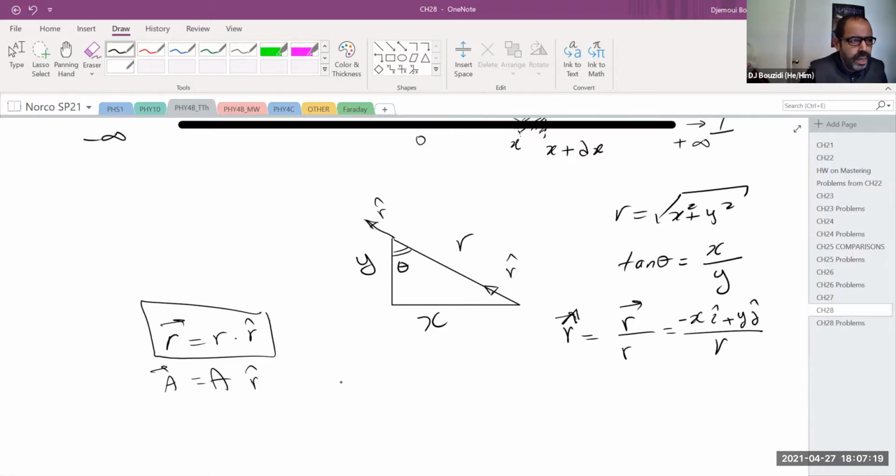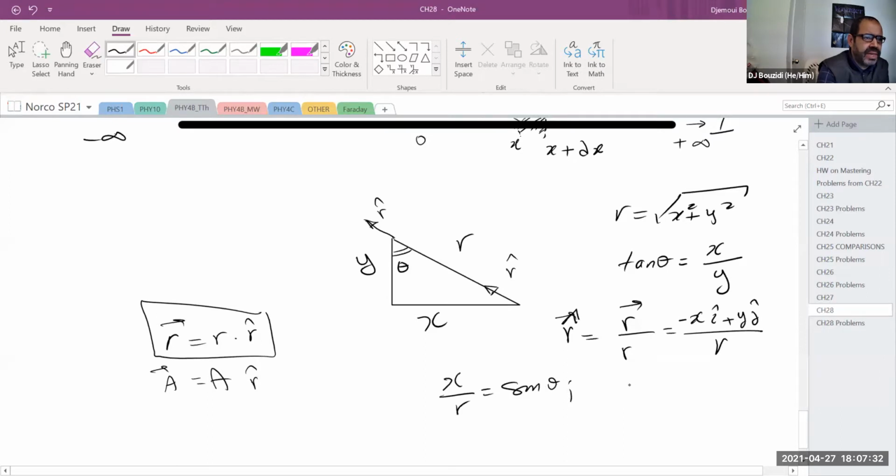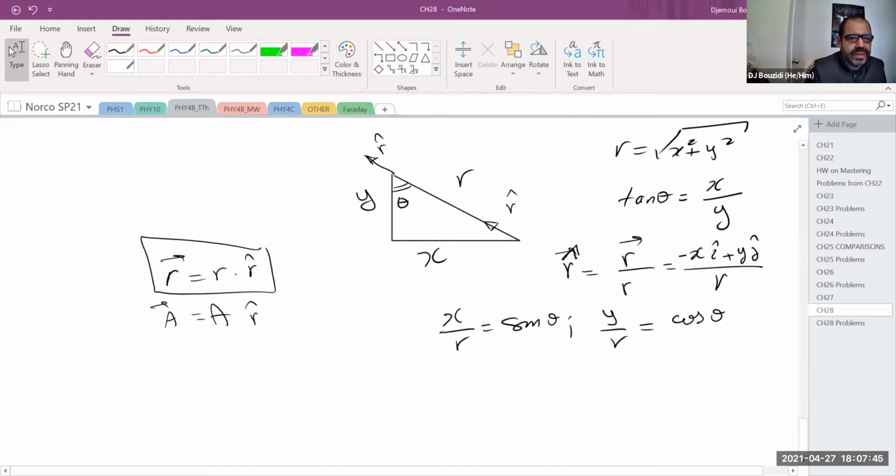It's clear from the geometry that x is opposite to theta, so x over r is simply equal to the sine of theta. And y is adjacent to theta, so y over r is equal to cosine of theta. If I substitute these values into this expression, that should give me what r hat is.